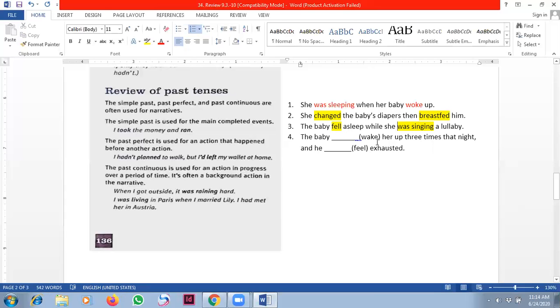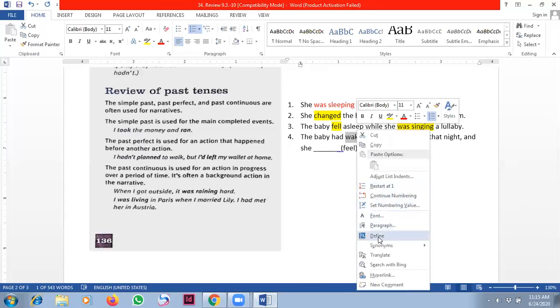The baby wake her up 3 times that night, and she, okay, the baby had, what is the third form? Wake, woke, waken, or wake, woke, woken? Check the dictionary. Arouse, stir, awaken.